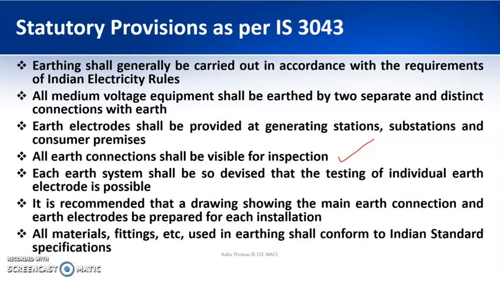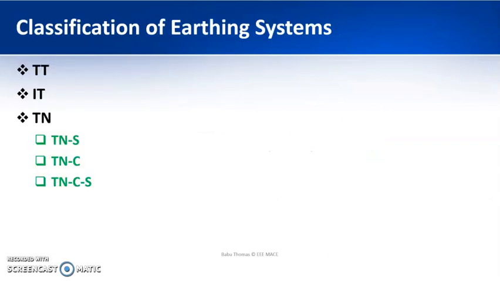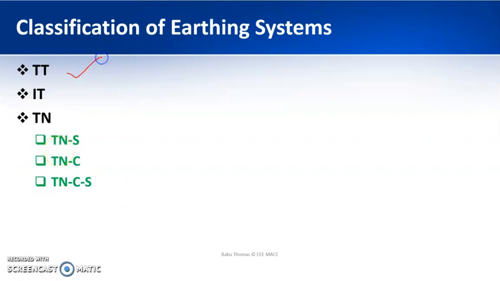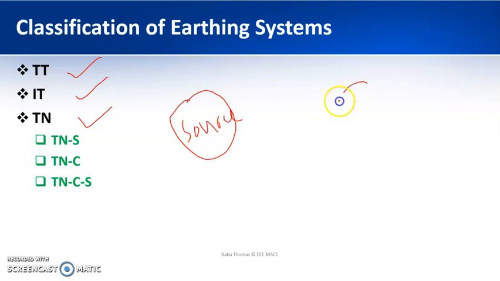Now there are different classifications of earthing systems. The first one is the TT system, the second is the IT system, and the third one is the TN system. You can just imagine the source, and you have your consumer.